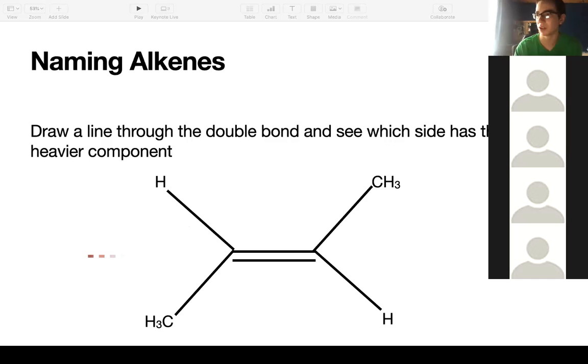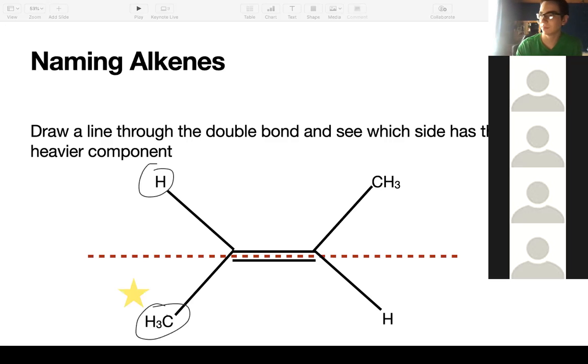So like before, we're going to draw the dotted line. And so what's heavier, hydrogen or this methyl group? Methyl group. So let's put a star next to it. And what about on this side? Methyl or hydrogen? So you guys already know methyl group is heavier. So let's put a star next to that one. So we know they're on opposite sides of the dotted line.